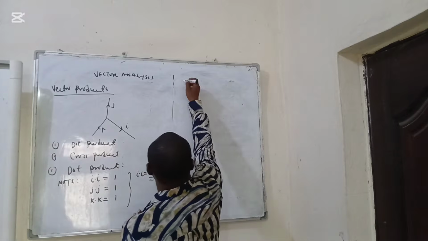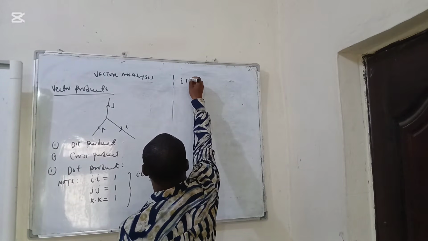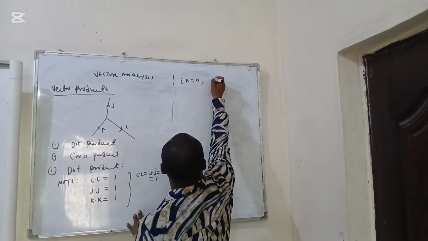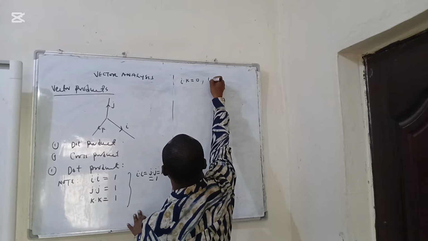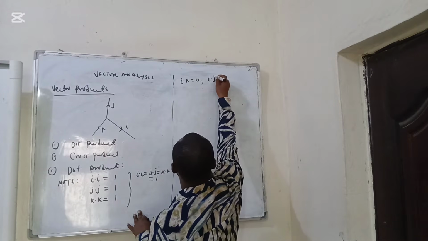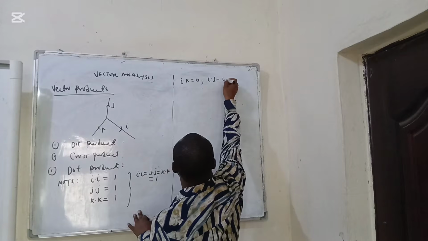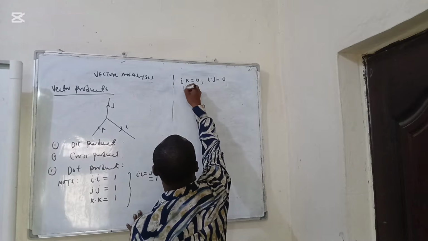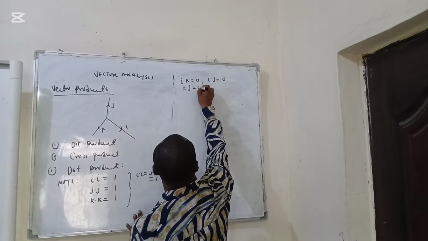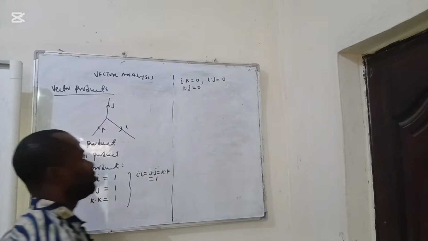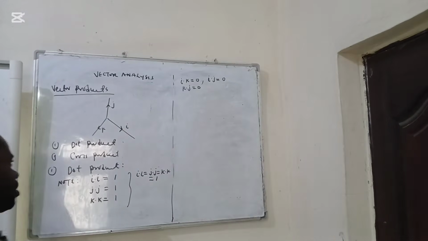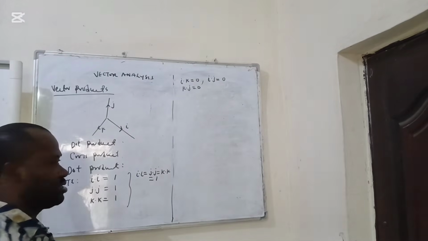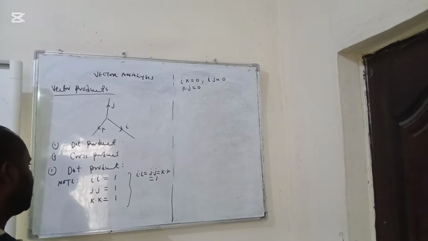Also, note that i dot k is 0. Please also note that i dot j is also 0, and k dot j is also 0. So we're going to have something meaningful if we are concentrating on the individual coordinates. That is for the dot product.